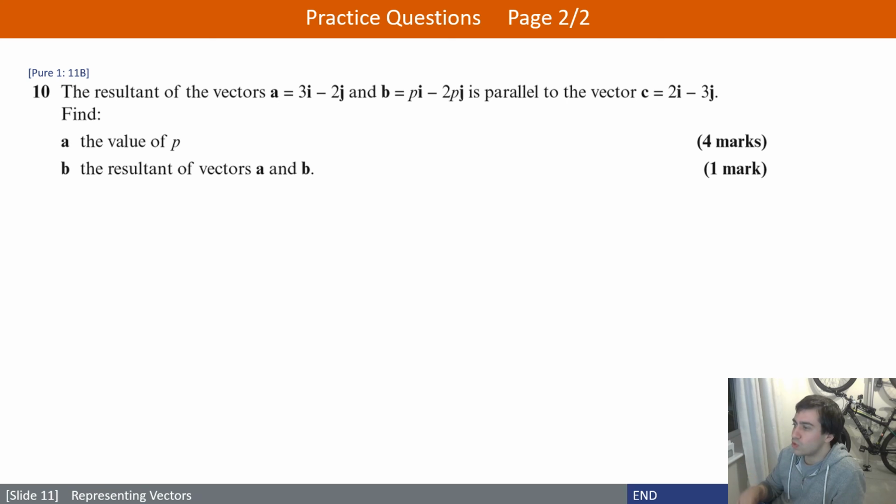So you can use your lambda notation for that, your lambda equation. You know, vector A equals lambda B, or whichever two vectors you need to consider, and use that to help answer the question. So write everything down mathematically first, and then play with the information you have. See if you can get the answer. Okay, and then that will do.